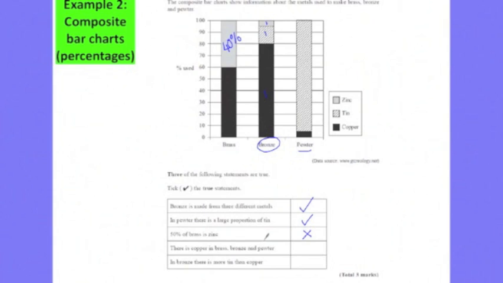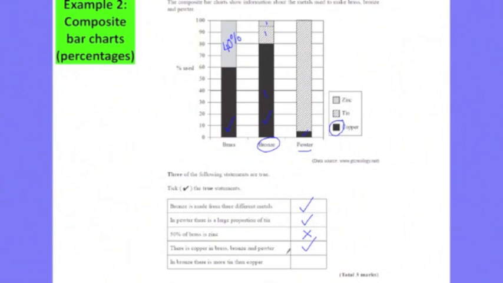The fourth statement, there is copper in brass, bronze and pewter. Copper is the solid black part. We have it here, here and here. Even though it's a small proportion, it's still present, so yes. Then just checking the last statement, it asks for 3 of the statements being true, so this one must be incorrect. Let's check.